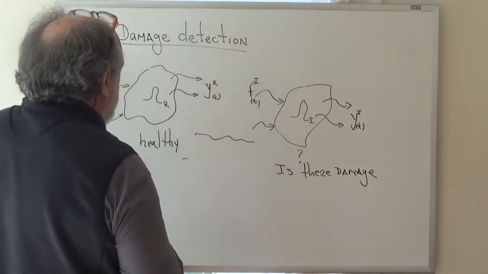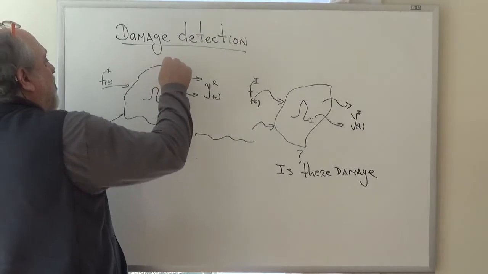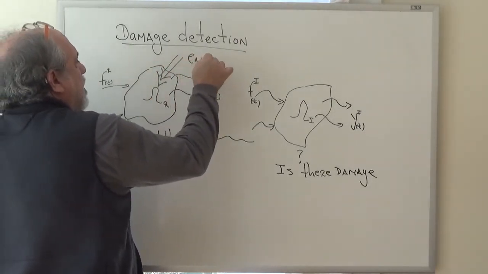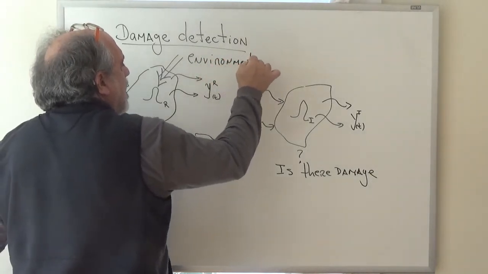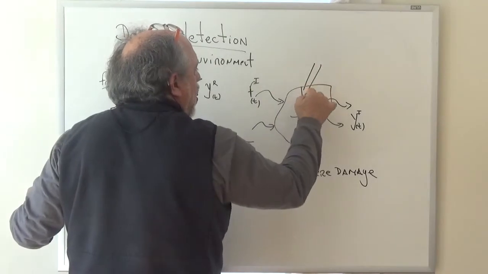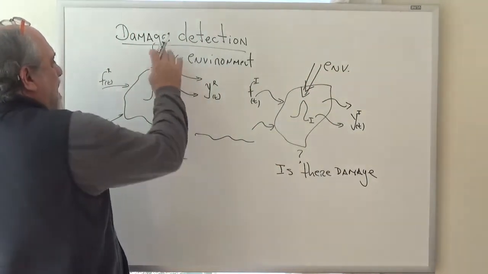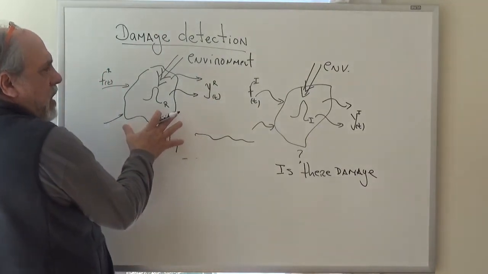And the structure is also, we have to remember, affected by the environment. What I mean by the environment is that maybe when we took this reference data here, the temperature was 40 degrees.